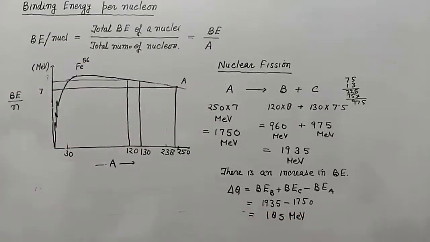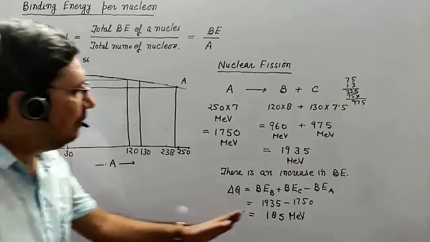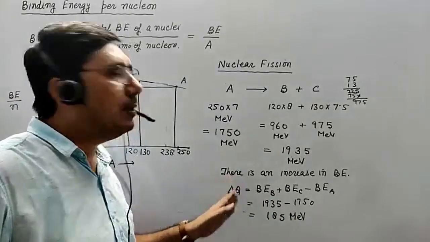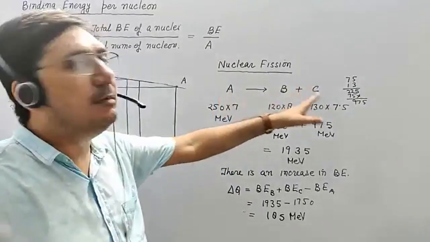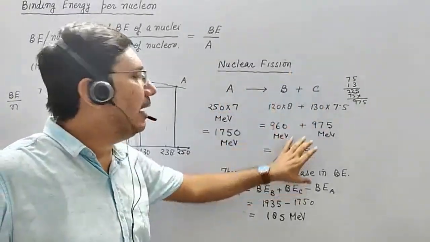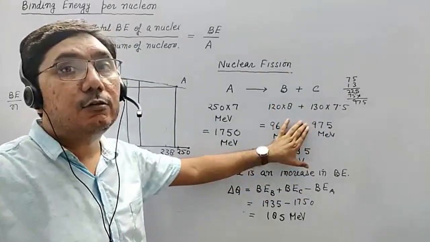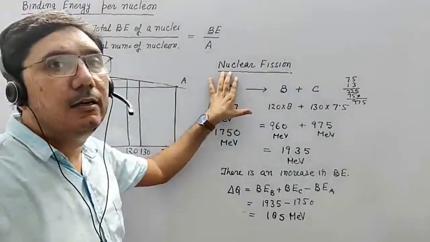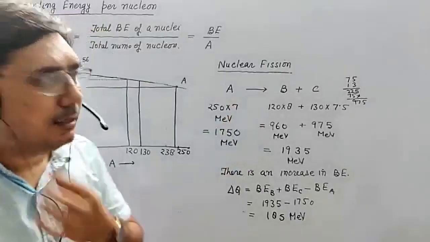So in this process, 185 MeV energy is released. You have to remember whenever there is an increase in binding energy, it means the binding energy of the daughter nuclei on the right hand side is higher as compared to the parent nuclei. Energy will be released.